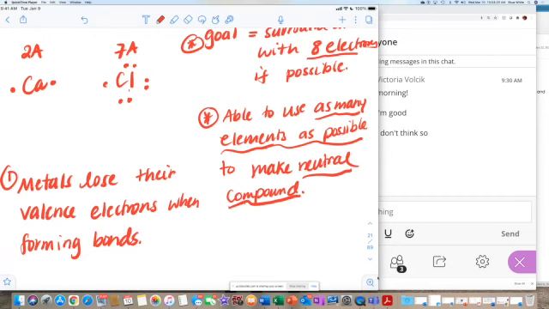It's just the nature of metals. Remember, metals are very large, and so the nucleus struggles to hold on to those last valence electrons. They're too far away. It's like, you're so far, I can't reach you. It's hard to hold on to the last electrons. So metals, due to their size, struggle to hold on to the last electrons, the valence electrons. So they easily lose their valence electrons when they're forming bonds. That means the future of calcium is to lose 2 electrons.